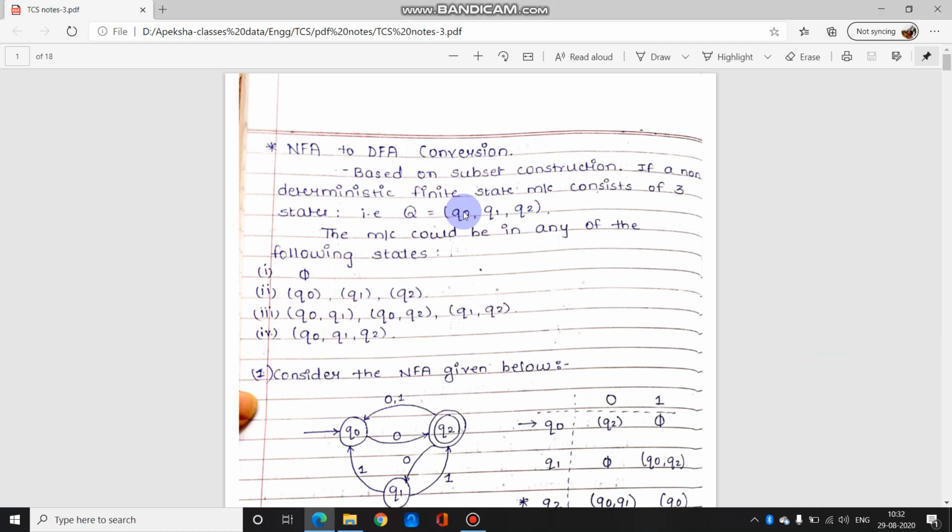For example, if a finite state machine has three states Q0, Q1, Q2, then out of these three states the machine can be in any of these states, like it can be in null state, it can be only in Q0 or in Q1 or in Q2, or it may be residing in more than one state like Q0, Q1, Q1, Q2, Q0, Q2, or it can be residing in all the three states as well. So if a machine has these three states, then it could reside in any of the possible combination of states. तो ये जो possible combination of states what we explore is nothing but called as the subset construction.